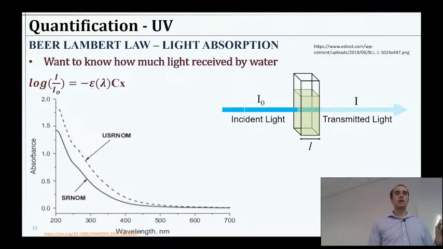So we'll take the log of the intensity that has been transmitted divided by what we started with, and we can say that's equal to an equation that says the molar absorptivity, this gamma thing, for that given wavelength, times the concentration of whatever's doing that absorbing.